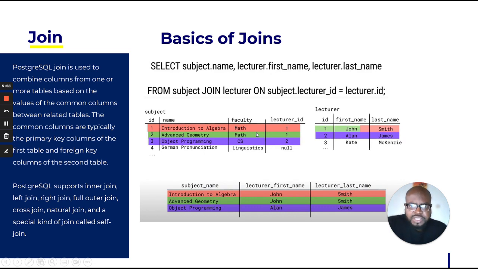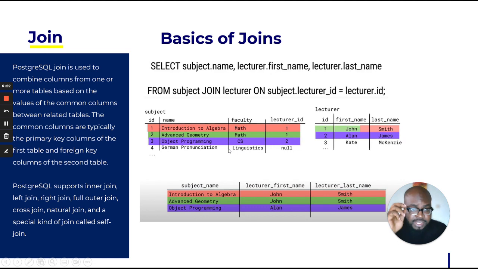Advanced Geometry also has lecturer ID 1, which is also John Smith, if you check the lecturer table. For Object Programming, it's lecturer ID 2, which is Alan James. But you would notice that in our results here, we don't have German Pronunciation.